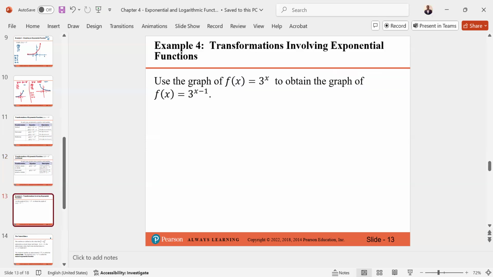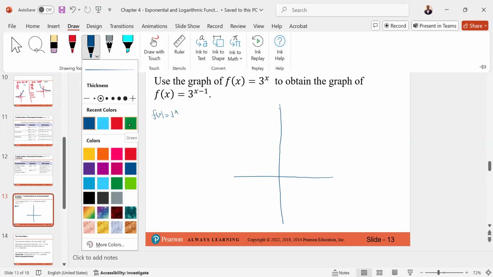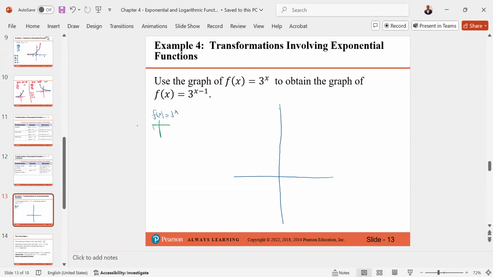Now, here what they ask you to do, use the graph of f of x equal 3 power x to obtain another transformation. First of all, what we can do, we're going to graph f of x first. If we graph f of x equal 3 power x, let's do x and y.